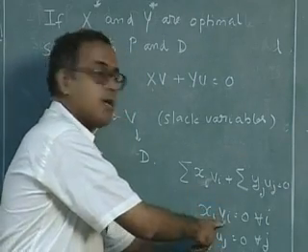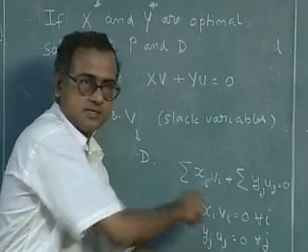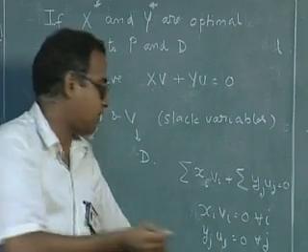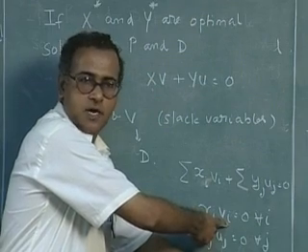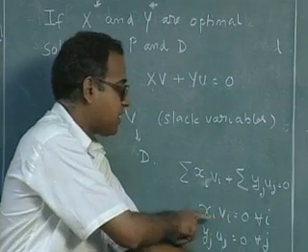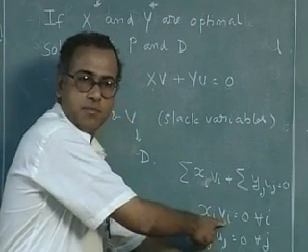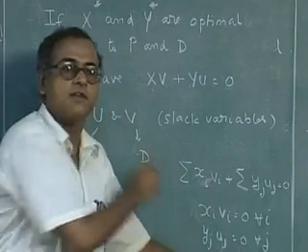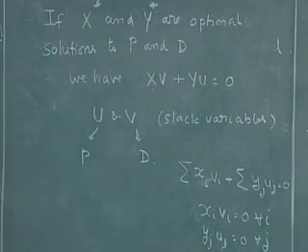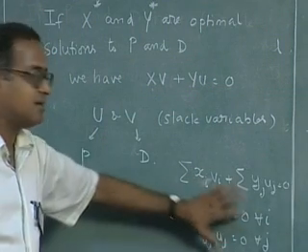If a particular dual slack variable is basic at the optimum and takes a value, then the corresponding primal decision variable will be non-basic, and so on. So, this is what the complementary slackness tells.